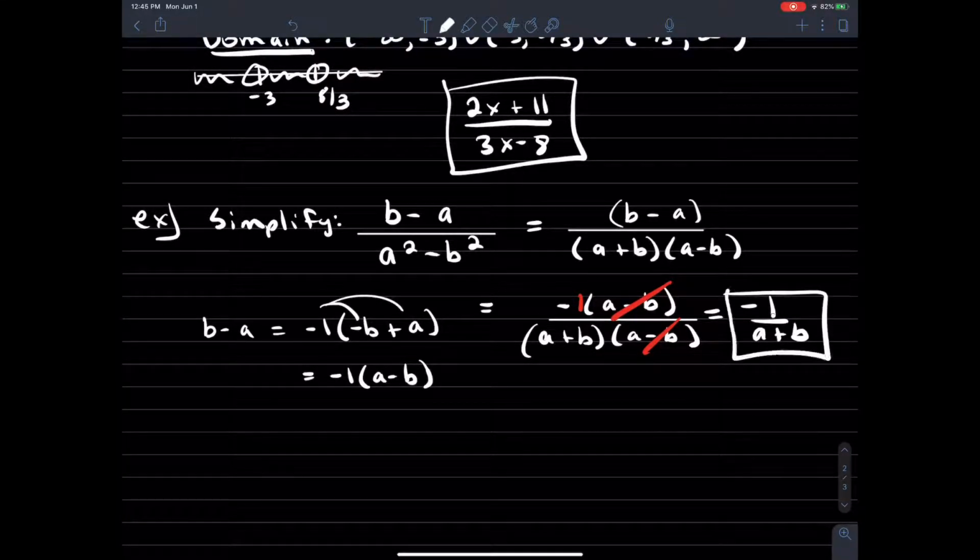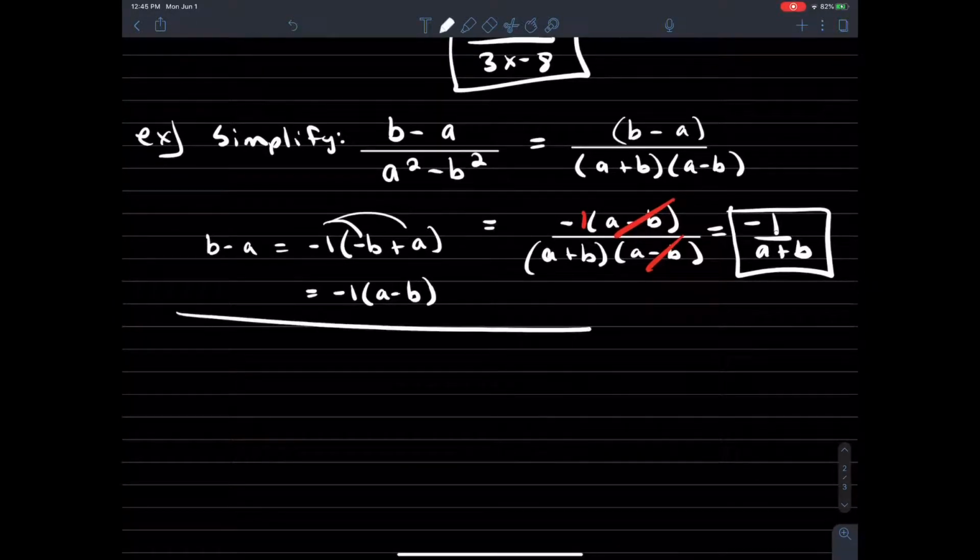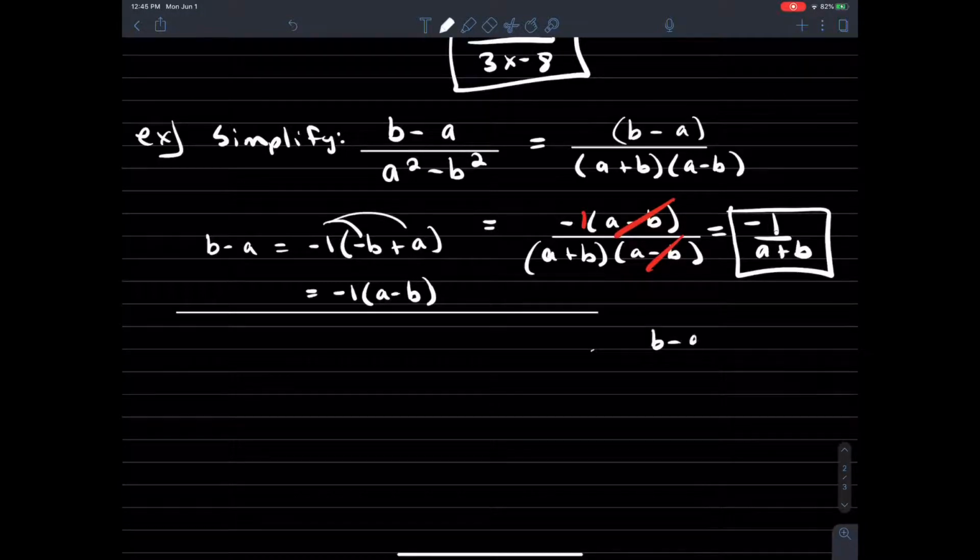Just a little bit more insight onto this: if I think about b minus a all over a minus b, all it is, if I just throw in two numbers, like let's say 5 and 3, so 5 minus 3 all over 3 minus 5, it's backwards. 5 minus 3 is 2, 3 minus 5 is minus 2, and they're the same difference, but one of them is negative.